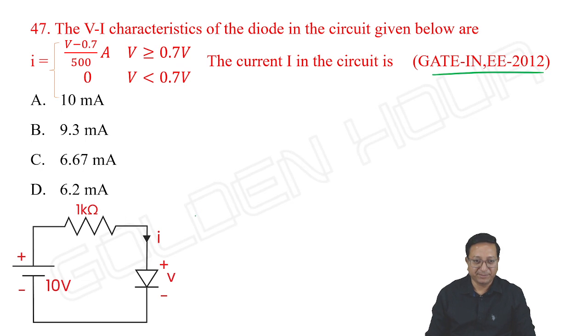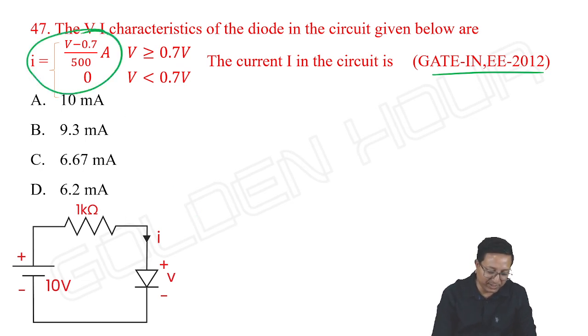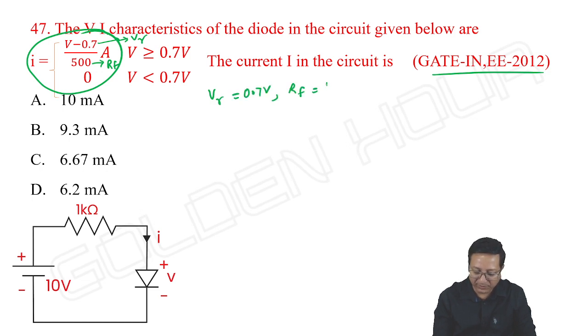How do we do this? From the given data, I is equal to V minus V gamma by RF. So V gamma is equal to 0.7 volts and RF is equal to 500 ohms or 0.5 K.